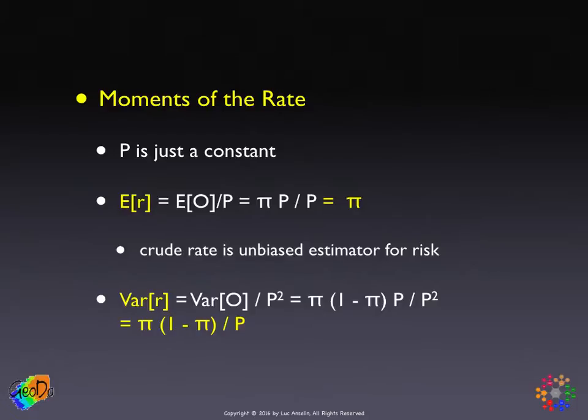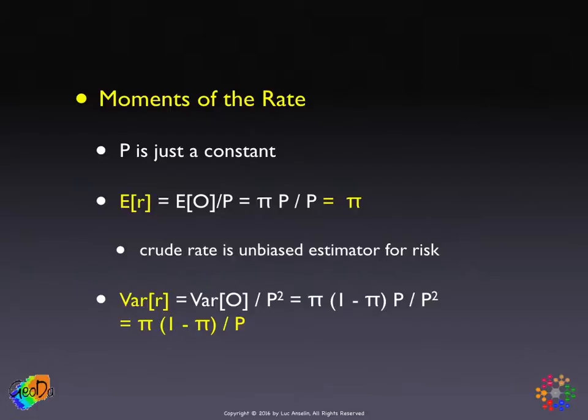So this crude rate or this raw rate or this proportion turns out to be an unbiased estimator of the risk, which is a good thing. The variance, however, we know if we have the variance of a random variable divided by a constant, we have to divide the variance by the square of that constant.